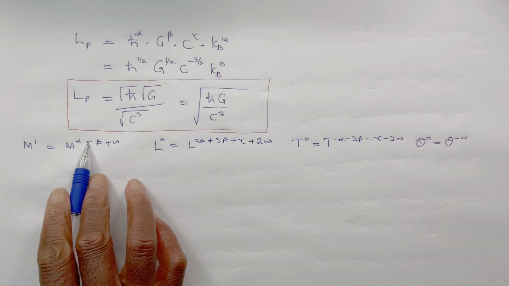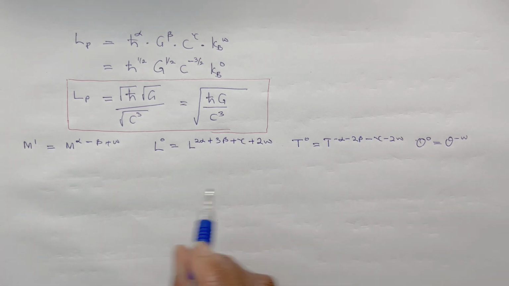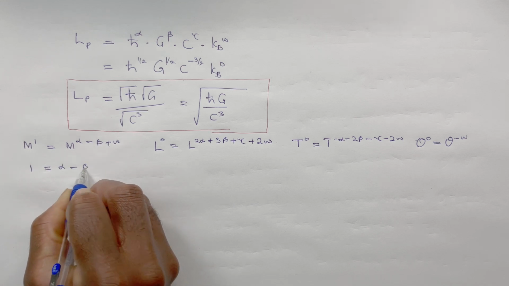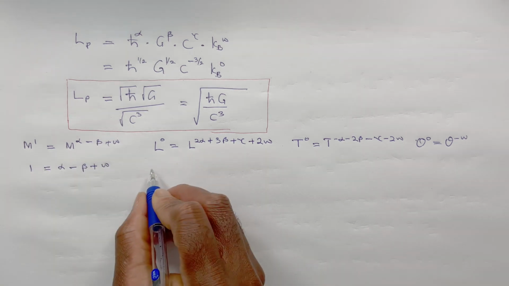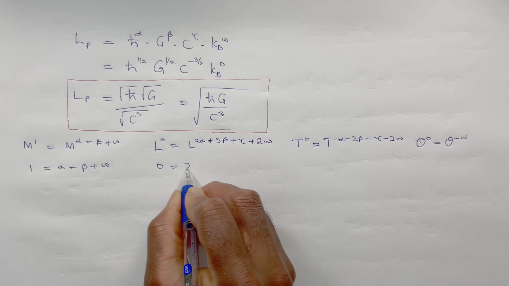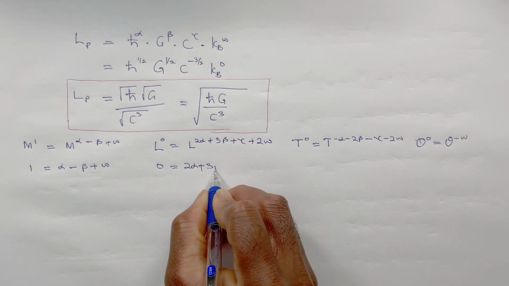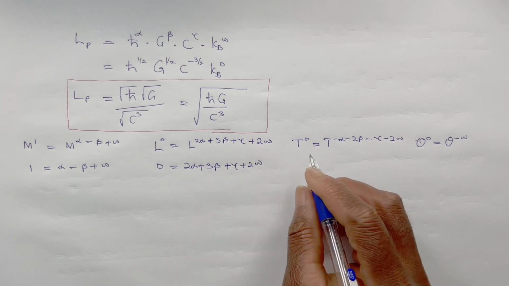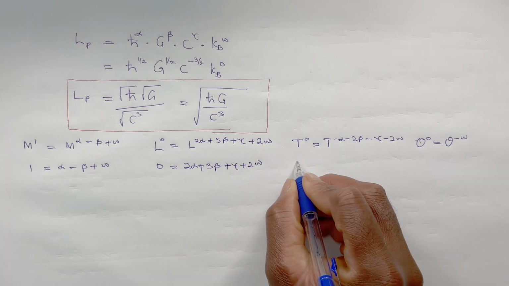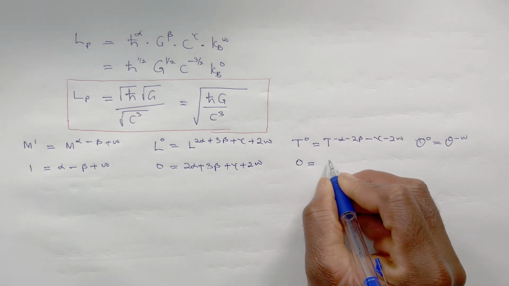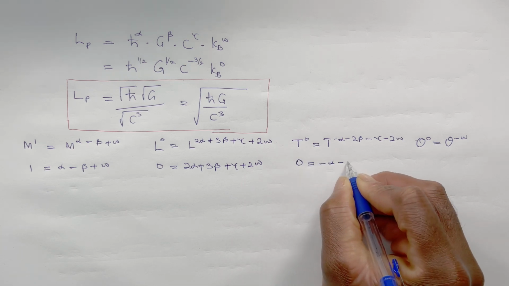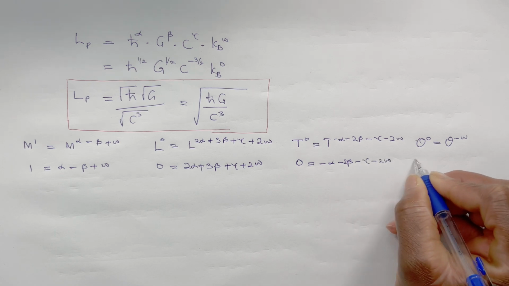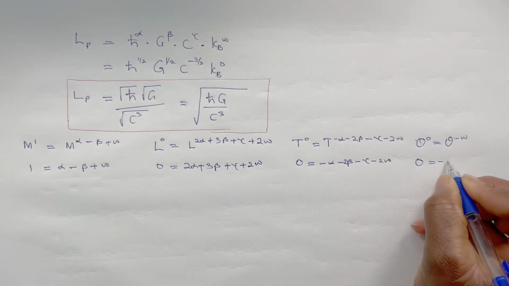So what we want to do now is just use the powers. So 1 is equal to alpha minus beta plus omega. For the length, 0 equals 2 alpha plus 3 beta plus gamma plus 2 omega. And for time, 0 equals minus alpha minus 2 beta minus gamma minus 2 omega, and for theta, 0 equals minus omega.